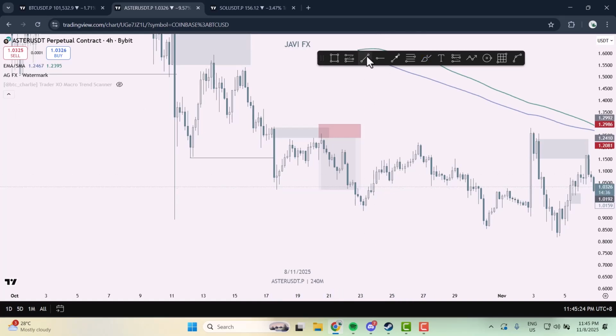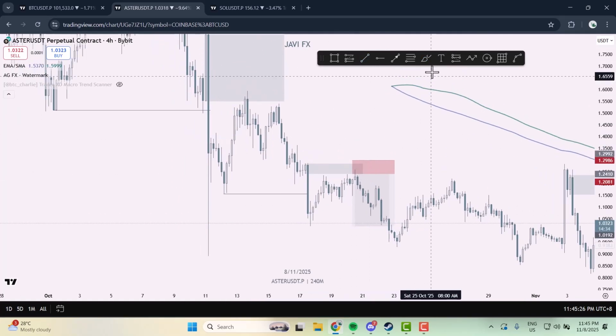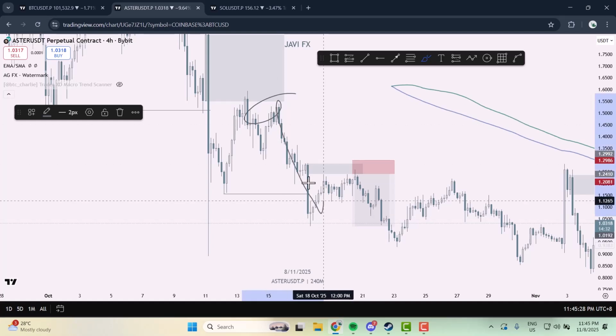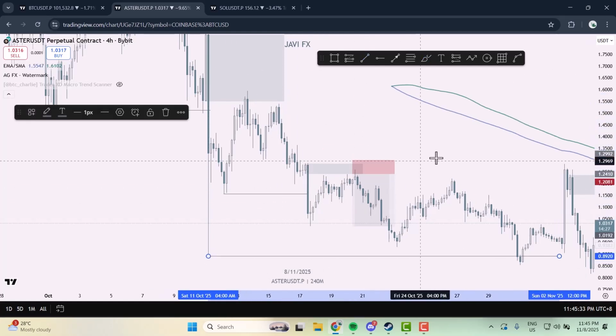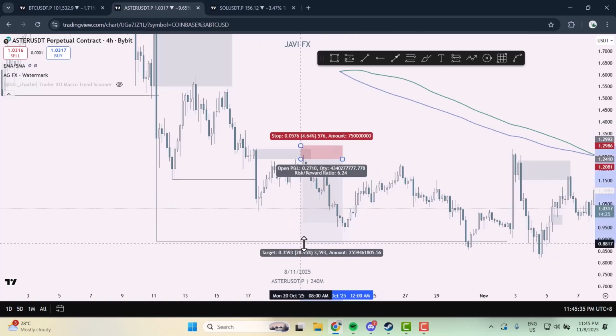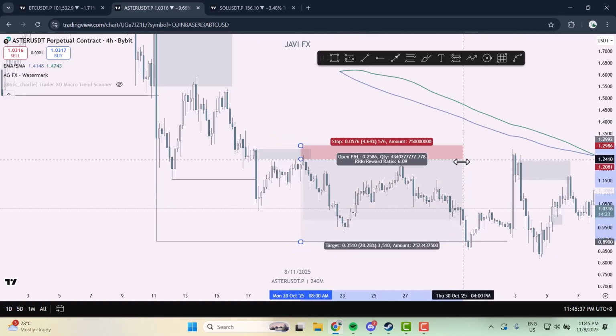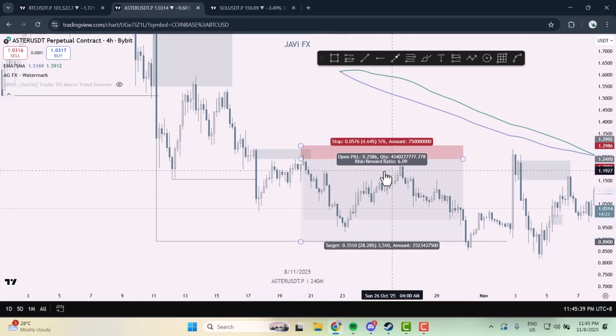Or, again, since we've confirmed that we want to go lower, what is stopping us from taking this liquidity over here? Nothing is stopping us. Boom. Take profit.